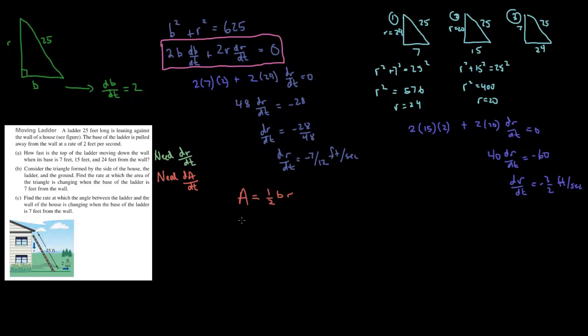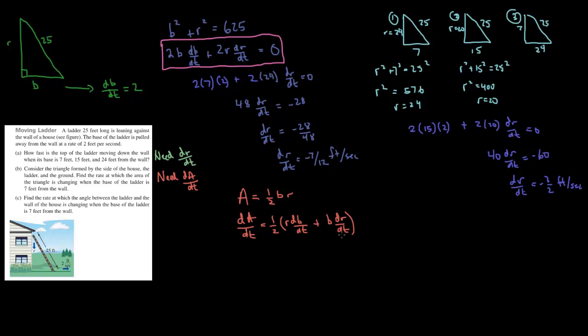So taking the derivative of both sides, we have dA over dt equals 1/2. Now that's two functions multiplied together, so we have to use the product rule. So we have the derivative of the first function, which is just dB dt, times the second function, so r dB dt, plus the derivative of the second function times the first. So that's b. Now what's the derivative of r? Well, it's just dr dt.